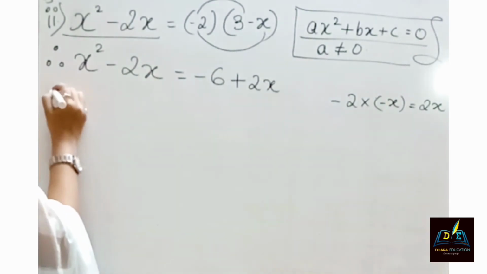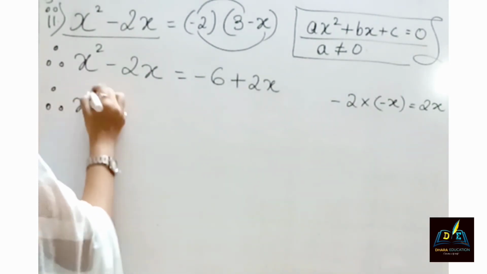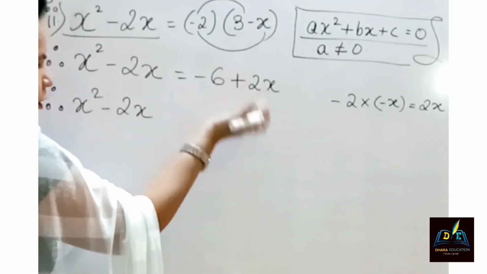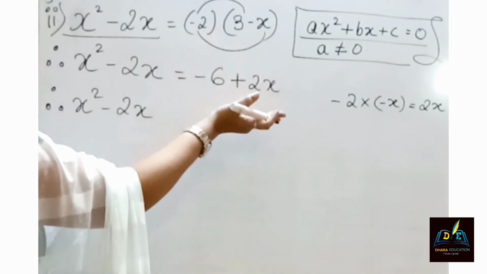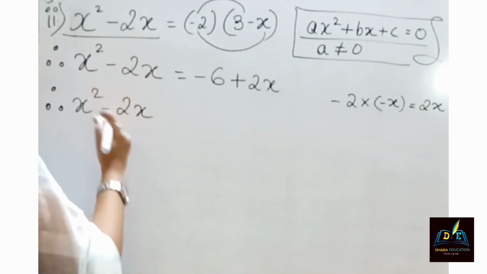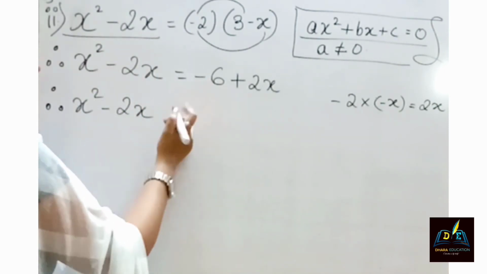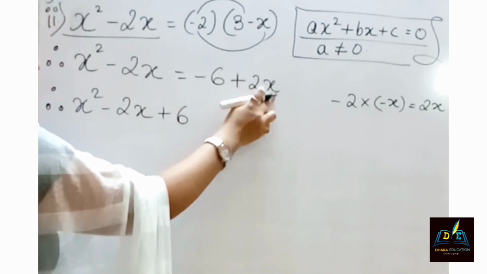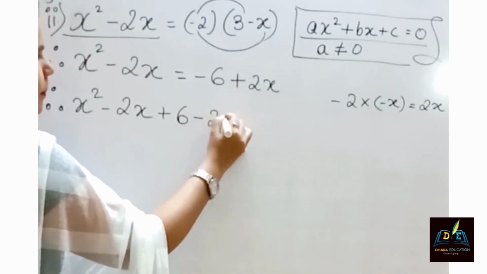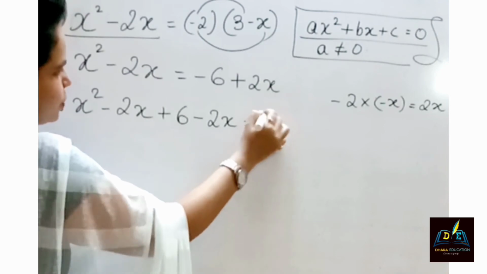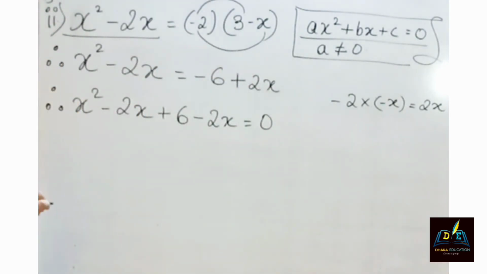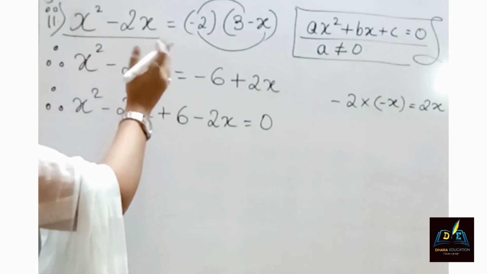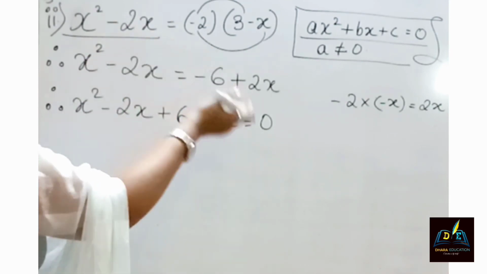Another step will be x square minus 2x, and here we need to shift everything from the right hand side to the left hand side. So minus 6 will act as plus 6 over here, and plus 2x will act as minus 2x, is equal to 0. We have to put 0, because if we shift all those numbers and variables from there to here, nothing is remaining.